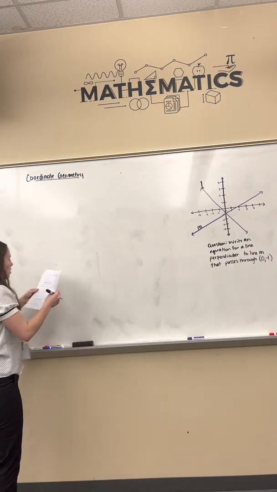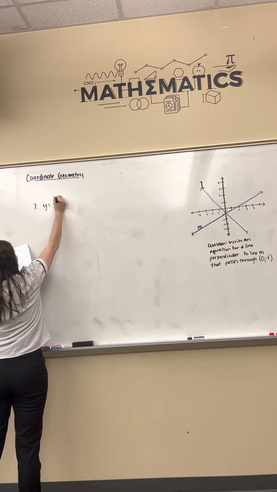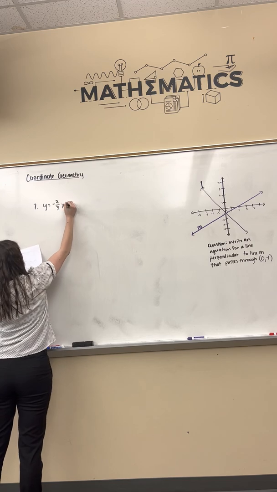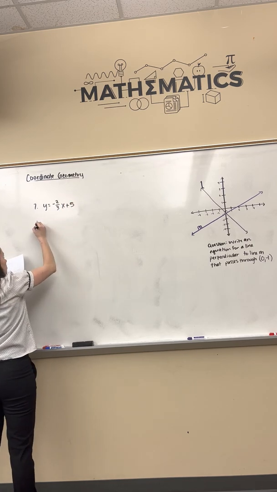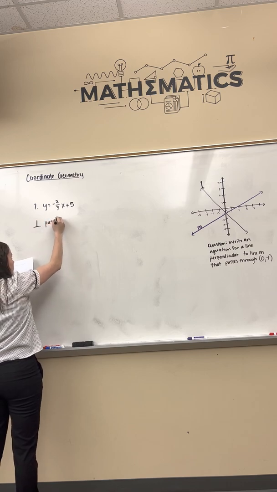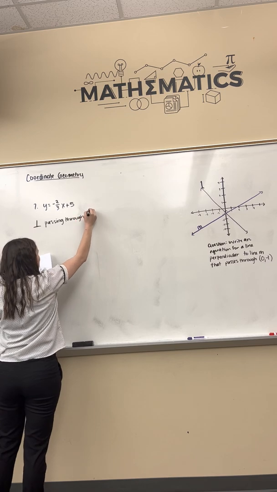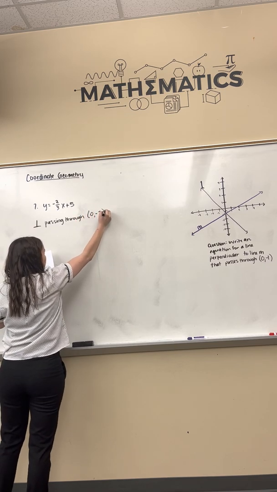Okay, the next one, we're given a line that says y equals -2/3 x plus 5, and we want a perpendicular passing through the point (0, -2). Okay.